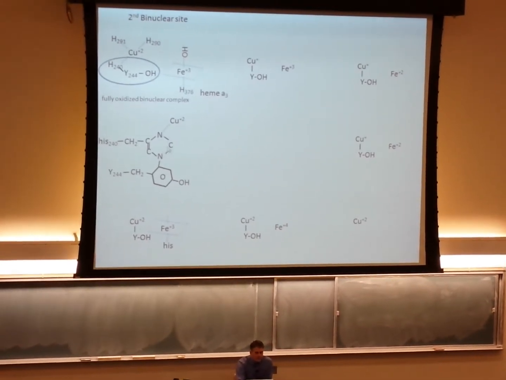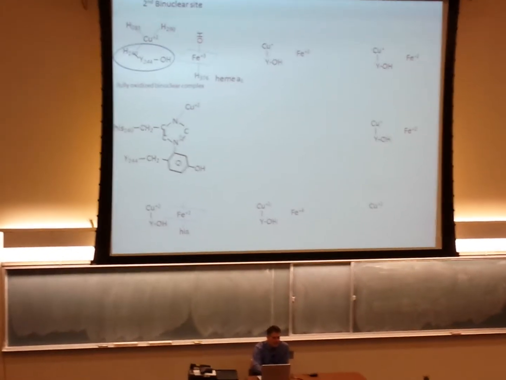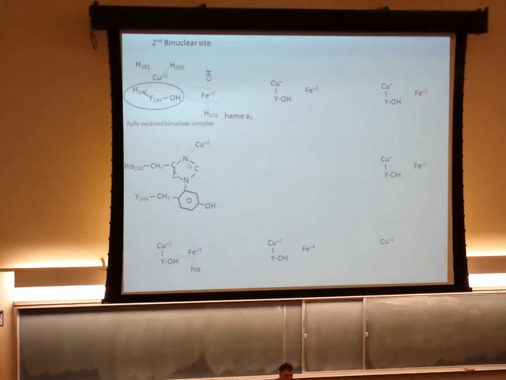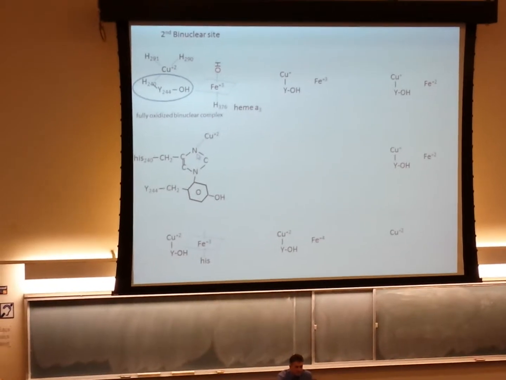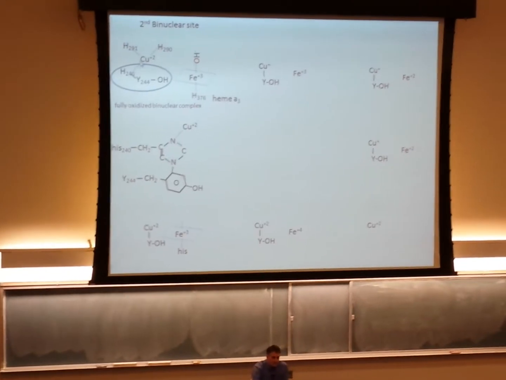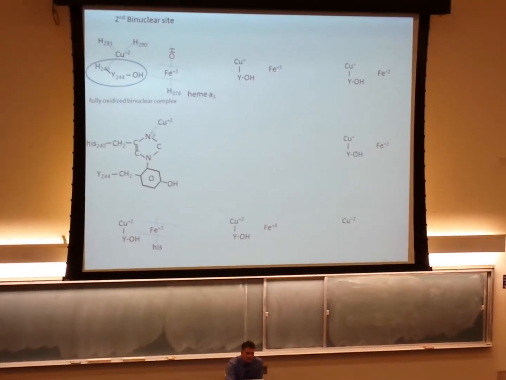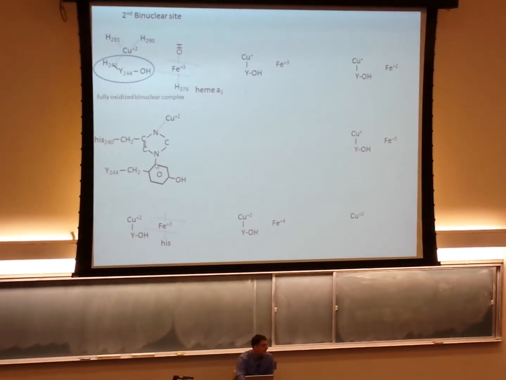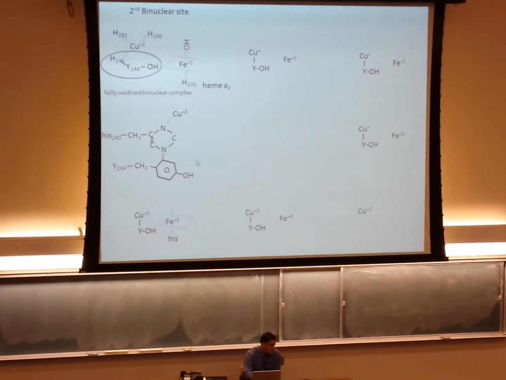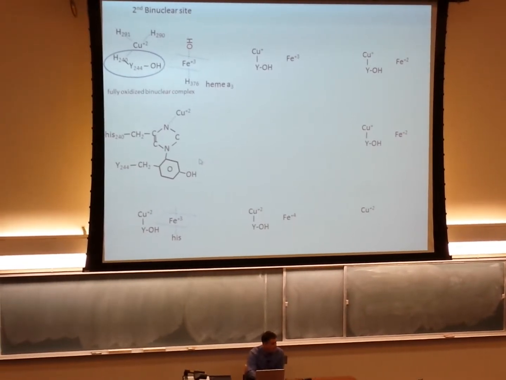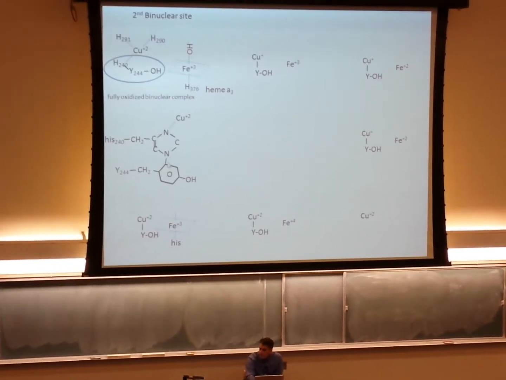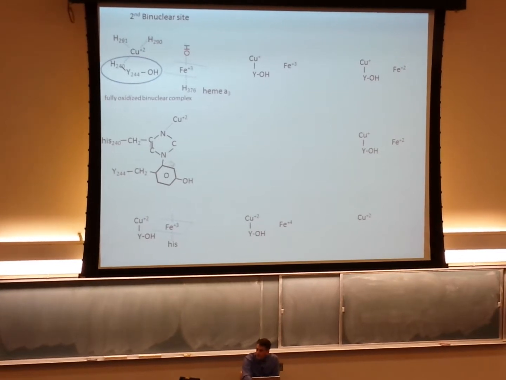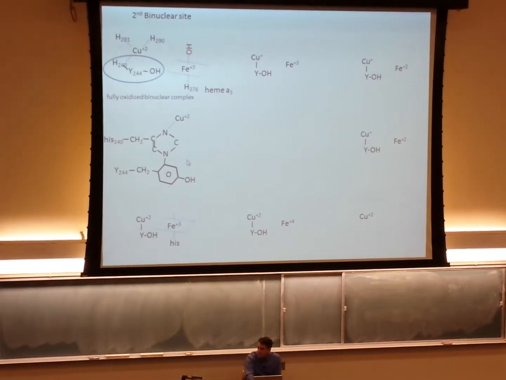But there's no double bond here because you're making a bond from one nitrogen in the histidine, that would be up here, to the copper. And you're making another bond to the aromatic ring of tyrosine. This is very strange. You don't see this normally. And yet that's part of how this thing works.